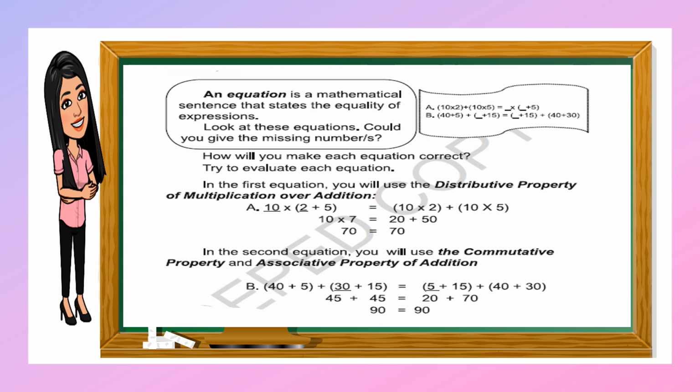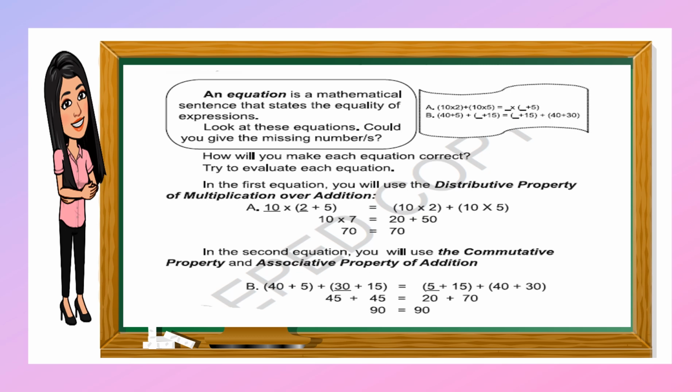So what are the missing terms? Letter B: 40 plus 5 plus blank plus 15 equals blank plus 15 plus 40 plus 30. So that is an example of an equation.